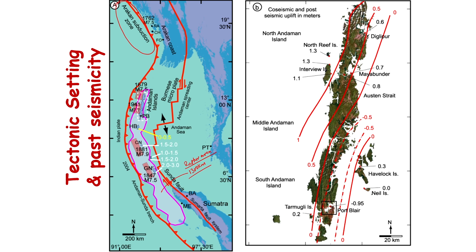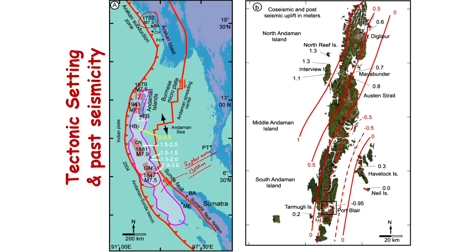Plus, this diagram also shows that there were large magnitude earthquakes, 7.5, 7.9, 7.7, during the historical past. If you start from the north, then we have the 1762 earthquake, that is what we call the Arakan subduction zone earthquake, 7.5.